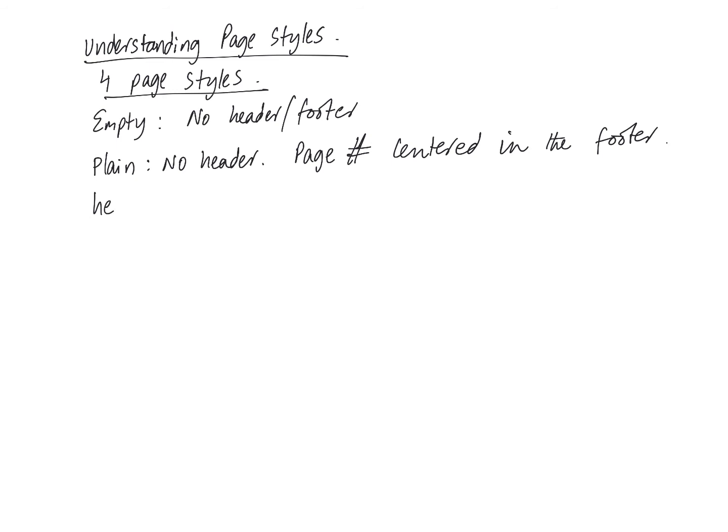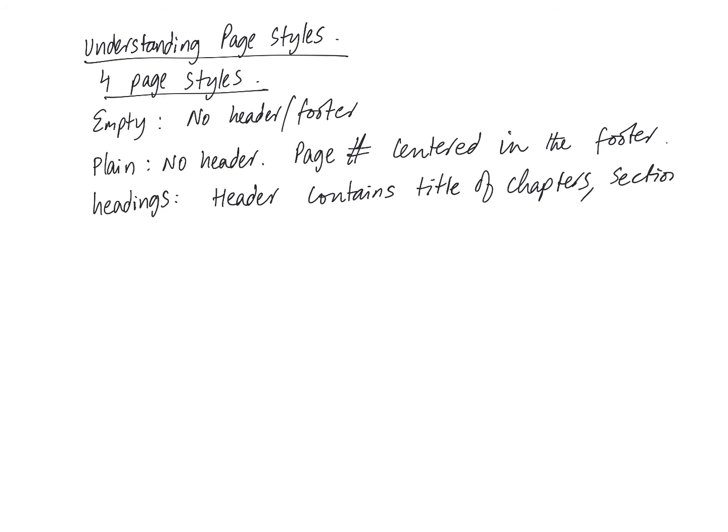And then you've got headings. The header contains the title of pages, of chapters, sections, subsections, depending on the class, and also the page number. The footer is empty in this one. And then myheadings.